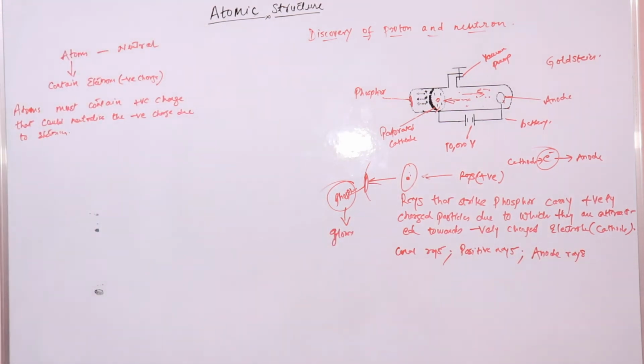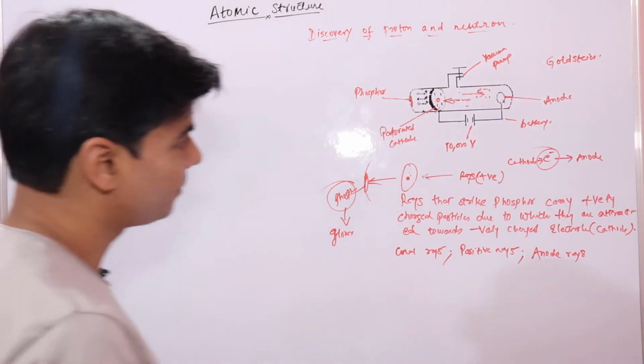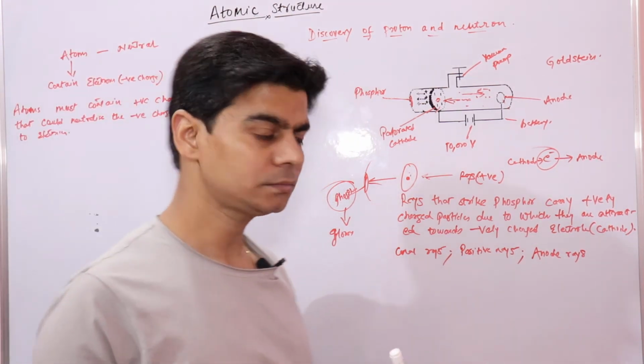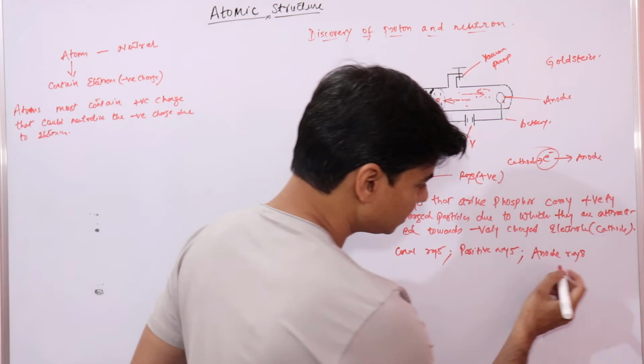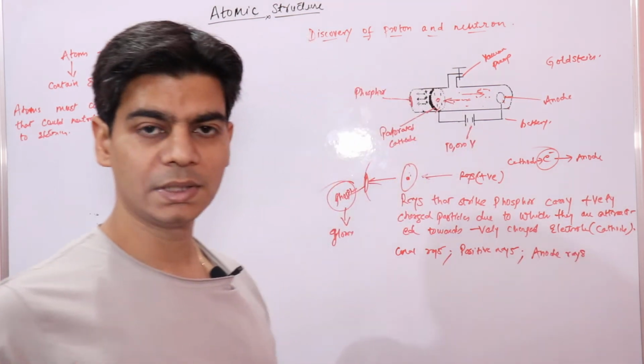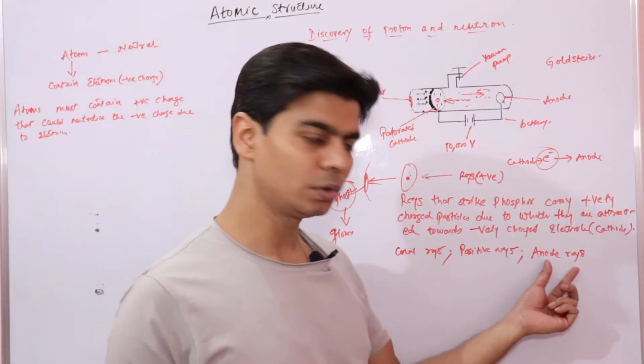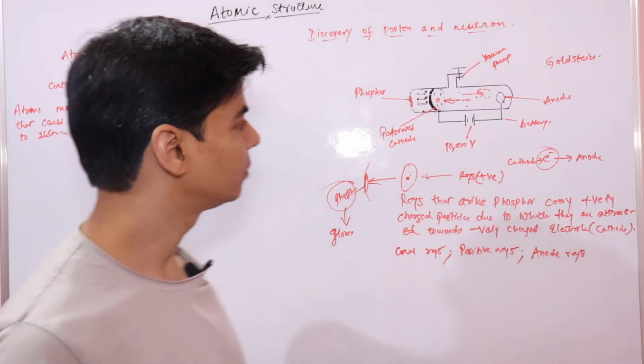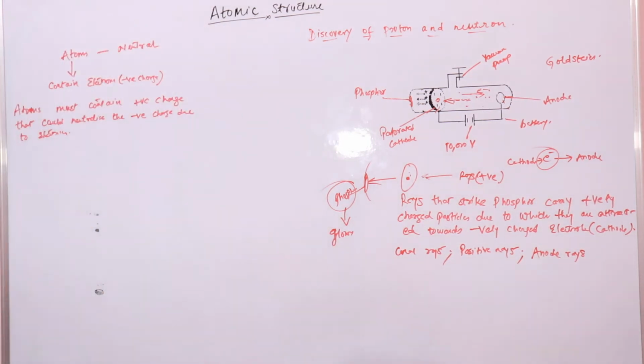Now one thing: from where are these anode rays getting produced, right? This is something important. Origin of positive rays.